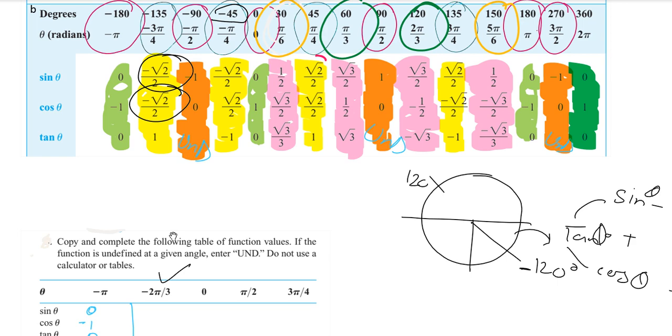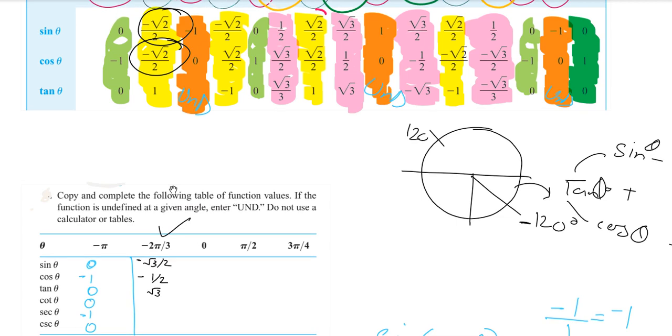So you can say that the values will be the same, but the signs will change. As you can see that sine and cos will be negative, and the tan of negative 120 will be positive in the third quadrant.